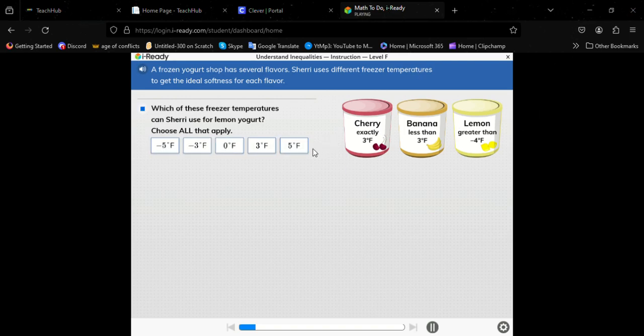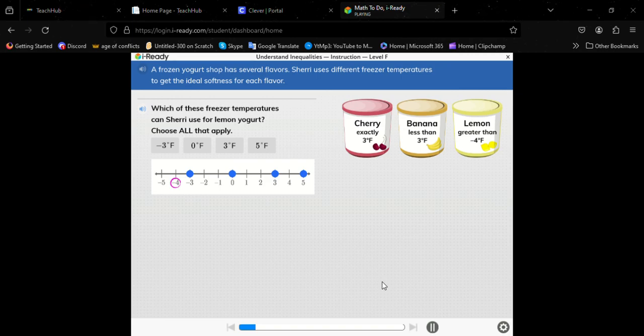Which of these freezer temperatures can Sherry use for lemon yogurt? Choose all that apply. Way to go! These temperatures are greater than -4 degrees because they are to the right of -4 on the number line.